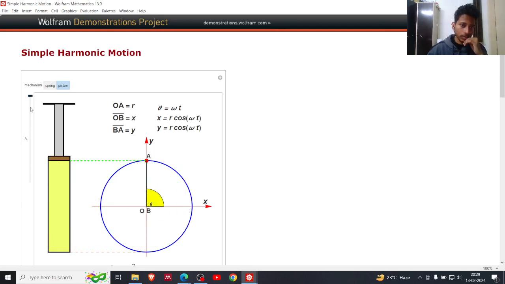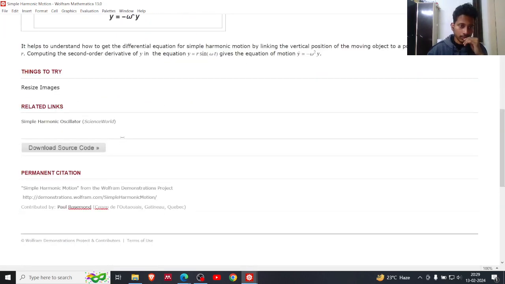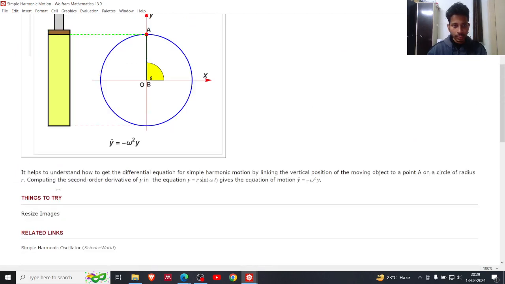So both of them are generating a simple harmonic motion, and it helps to understand how to get the differential equation from simple harmonic motion by linking the vertical position of the moving object to a point A on a circle of radius r. Computing a second order derivative of y in the equation y equals r sin omega t gives the equation of motion y double dot equals minus omega squared y.